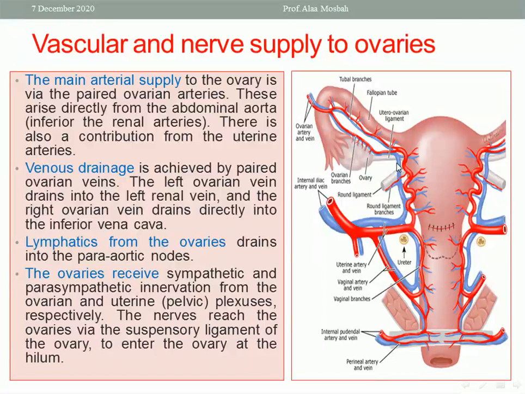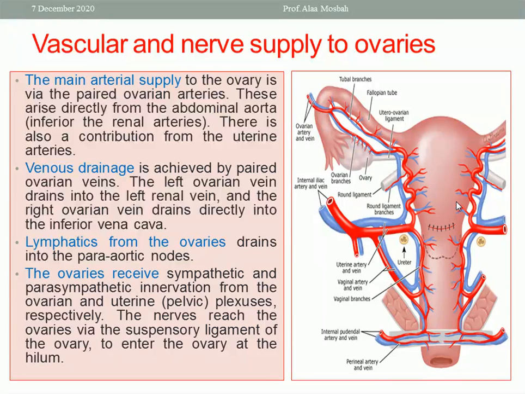Venous drainage is by paired ovarian veins. The left ovarian vein drains into the left renal vein, and the right ovarian vein drains directly into the inferior vena cava. Please notice this difference. Lymphatics from the ovary drain to the para-aortic nodes.